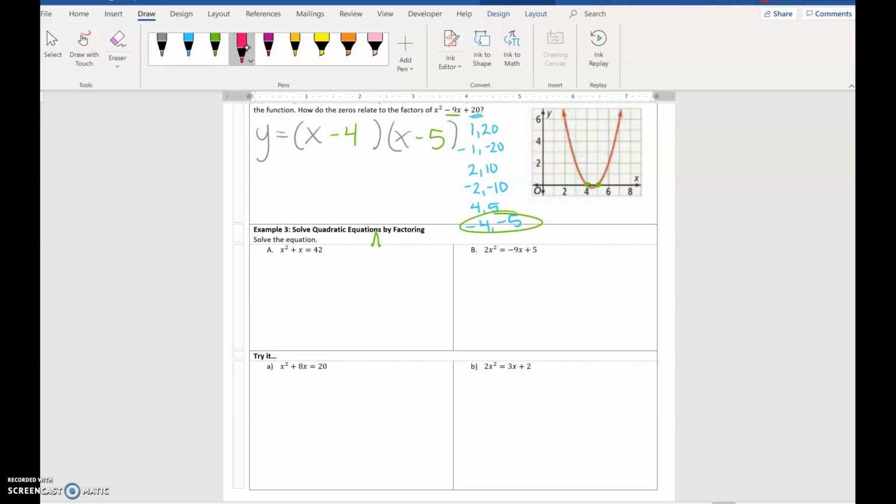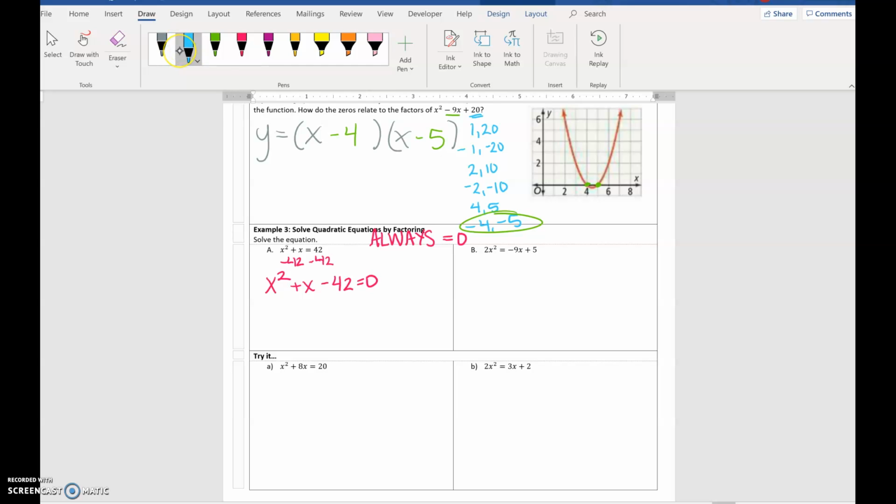So it always has to equal 0 first. So we're going to move this 42 over. So we're going to subtract 42 on both sides. So now we are going to factor x squared plus x minus 42, which equals 0.